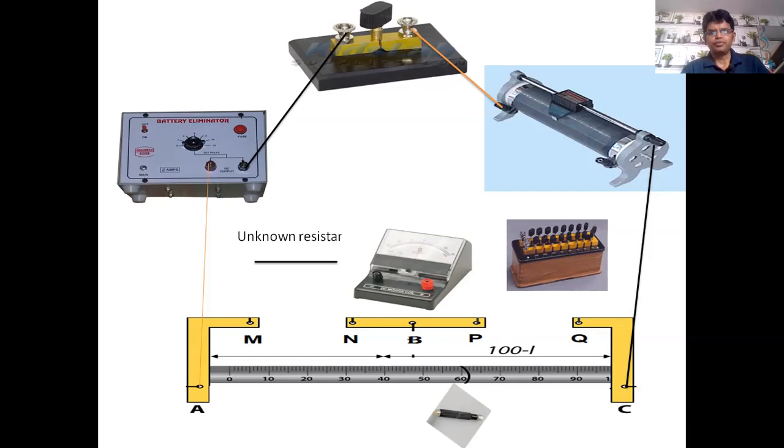After that we have the center point B. Point B connects to the galvanometer plus, and galvanometer minus to the jockey key. Between M and we connect the one unknown wire, and with P and Q we connect the resistance box.